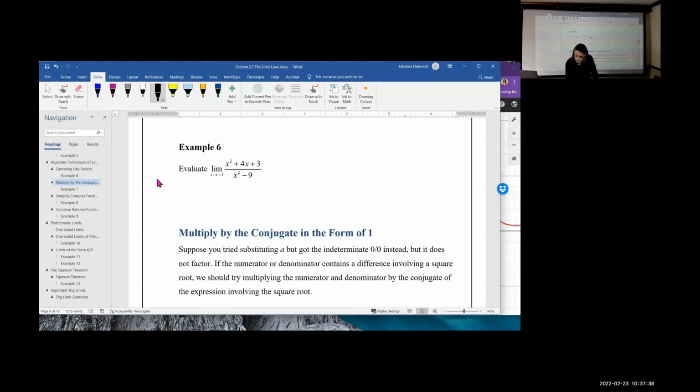So we get negative 3 squared plus 4 times negative 3 plus 3 over negative 3 squared minus 9. This gives me 9 minus 12 plus 3 over 9 minus 9, which gives me 0 over 0. Did not work.